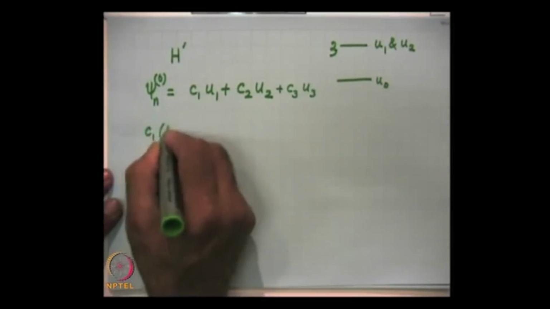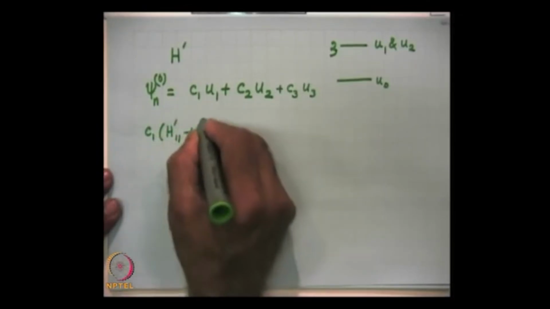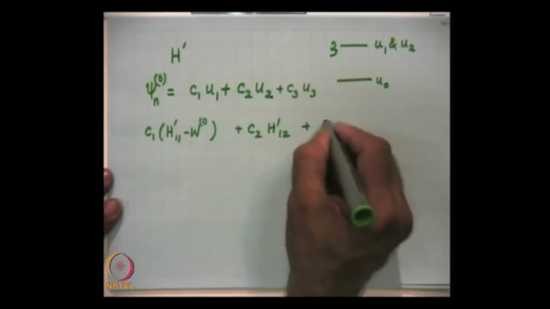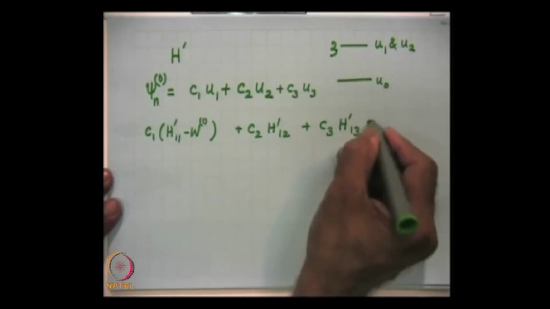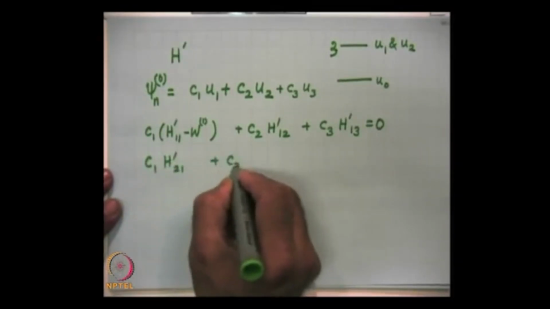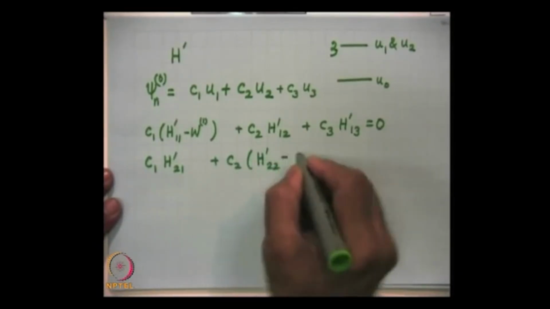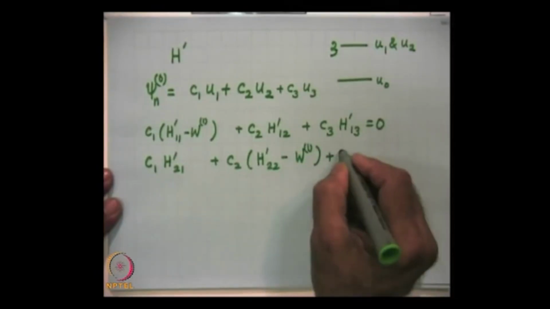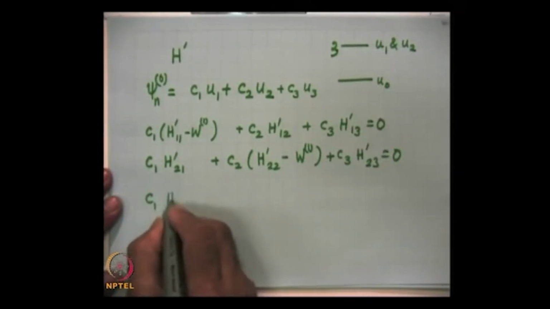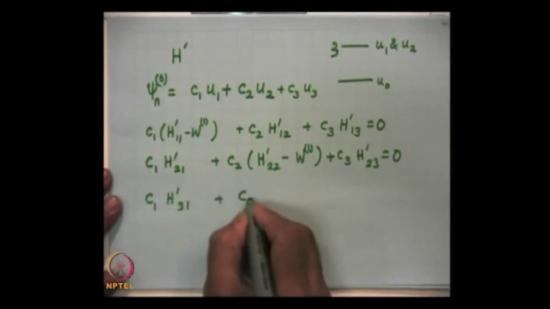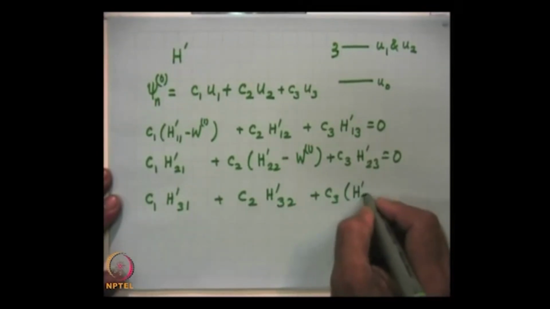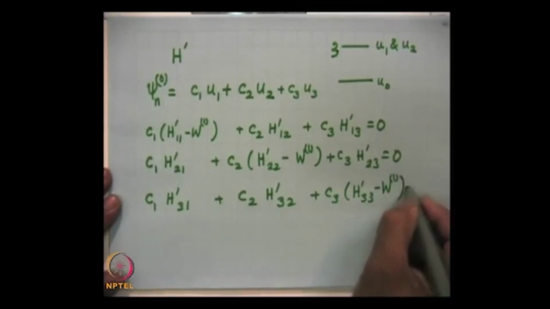Please see: C1 H prime 1 1 minus W1 plus C2 H prime 1 2 plus C3 H prime 1 3 is equal to 0, and similarly C1 H prime 2 1 plus C2 H prime 2 2 minus W1 plus C3 H prime 2 3 equal to 0, and then C1 H prime 3 1 plus C2 H prime 3 2 plus C3 H prime 3 3 minus W1 equal to 0.